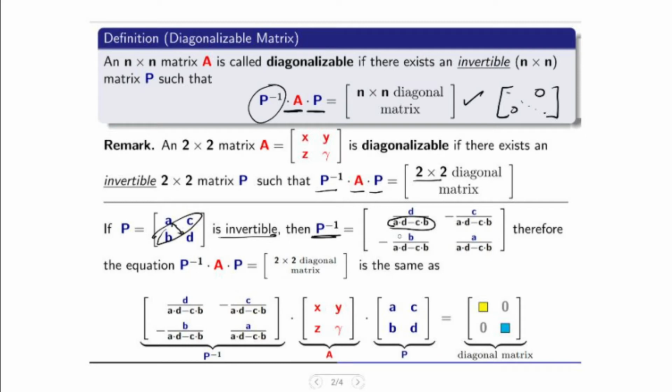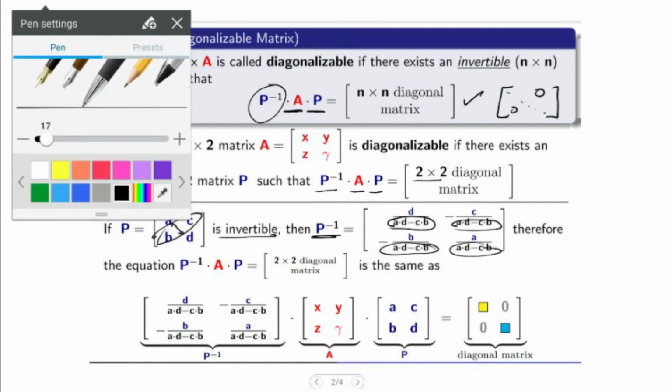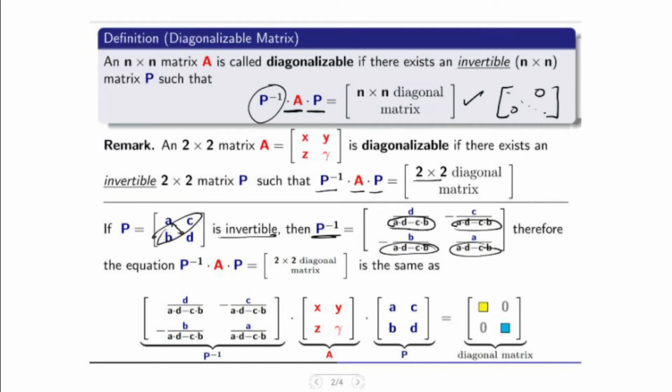So that's the determinant here. Everywhere down here is the determinant of P. And above you have the elements exchanged kind of here. So the a comes below and the d goes above. So that's what is happening here.